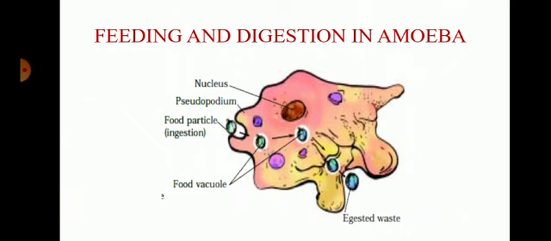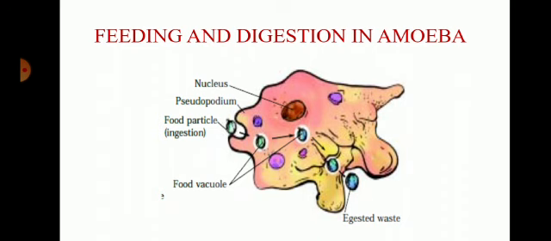It constantly changes its shape and position. The body of amoeba has finger-like projections called pseudopodia or false feet. It captures food and helps in locomotion of amoeba.